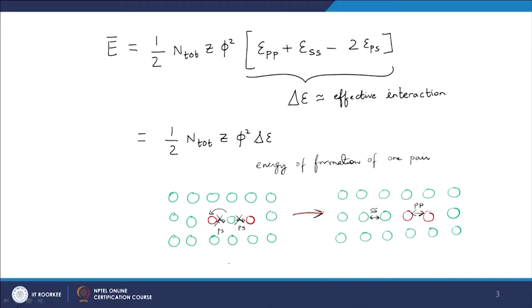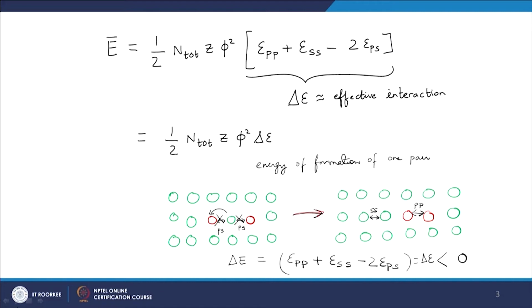So the energy change in this process is then one pair of solute, one pair of solvent, minus two pairs of solute and solvent, and of course this will be favored when this entire quantity is less than 0, and this quantity is, by the way, my delta epsilon.